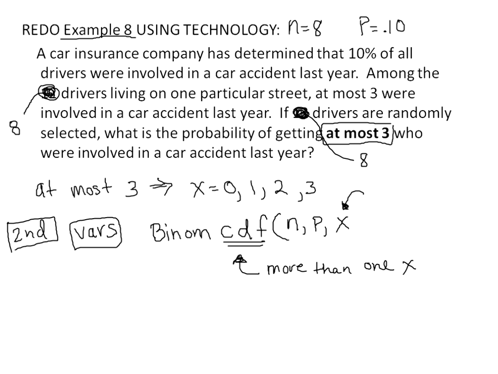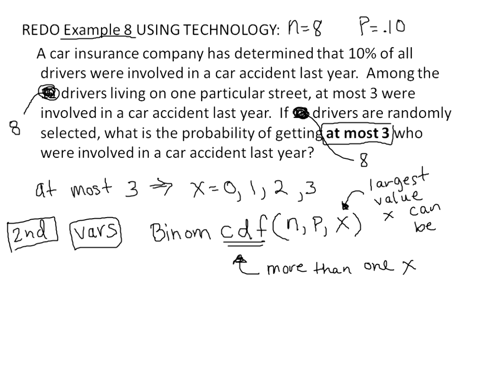So the largest value that x can be. So what it does is it calculates the value here when x is 3 and then everything that comes before 3. So when you put a 3 in for x, it's going to calculate when x is 3, 2, 1, and 0. All right, so just keep in mind what our values are here. N is 8, so you have to enter n, p, and then the largest value x can be.